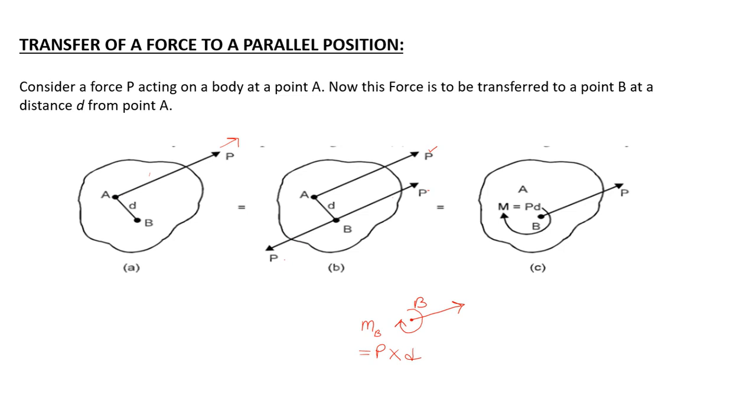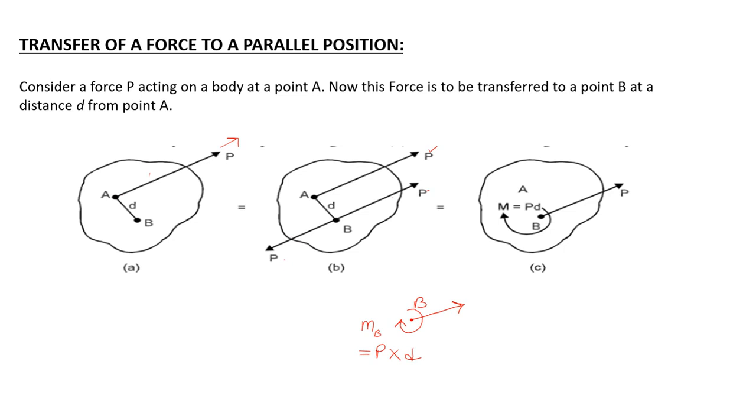Finally, in order to transfer this force from point A to point B, we get a force in this direction which is parallel to the force applied at point A, and additionally we also get a moment of a couple equal to P into d, force into the perpendicular distance.